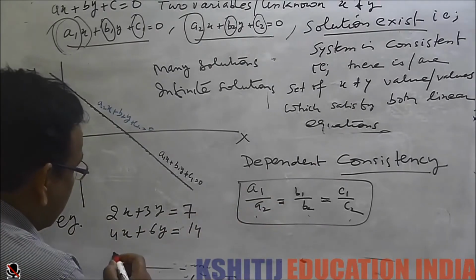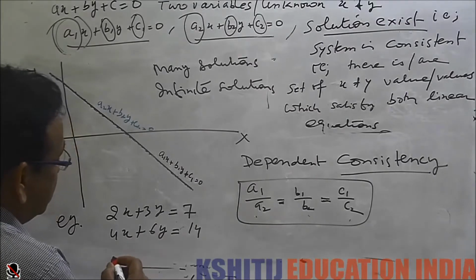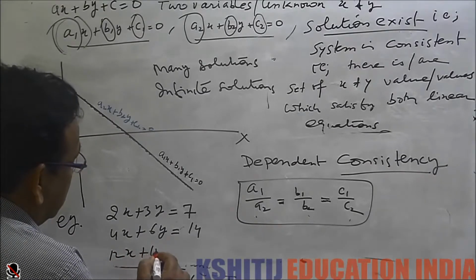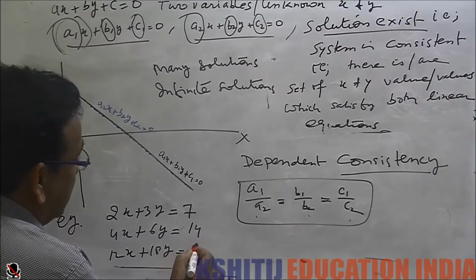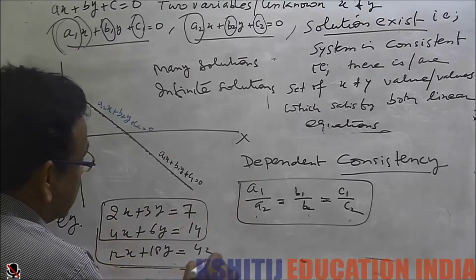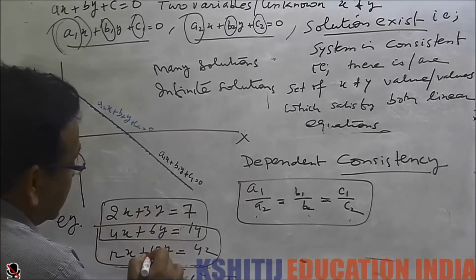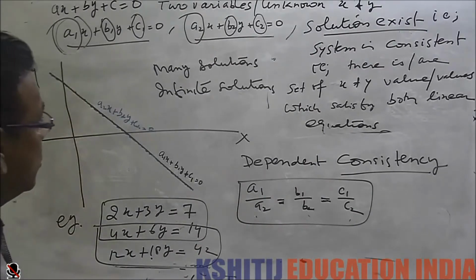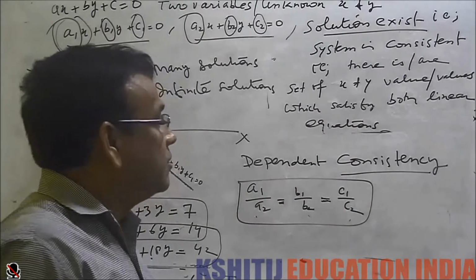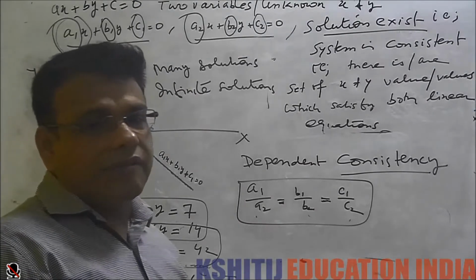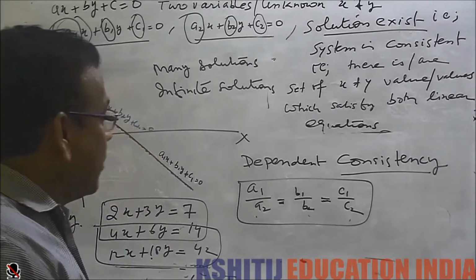I can put it like this also. This set and this set all have this kind of solutions, many solutions; many values of x and y would satisfy both the equations.